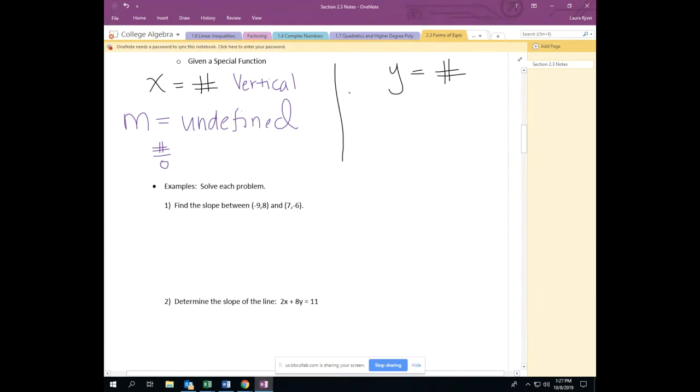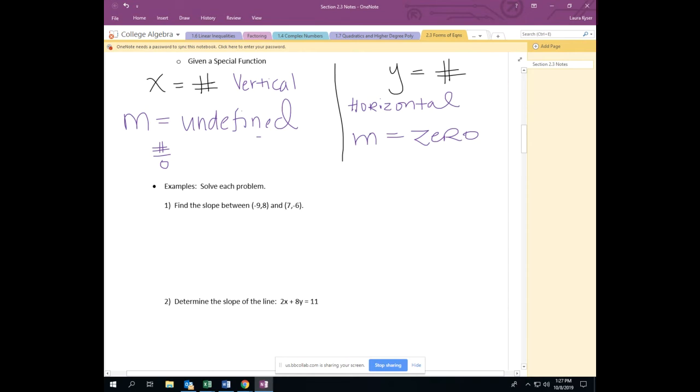On the opposite end of that, we have y equals a number, or y and a constant equals 0. This is a horizontal line. And horizontal lines also always have the same slope, m equals 0. And that's because it's the opposite of your vertical line.